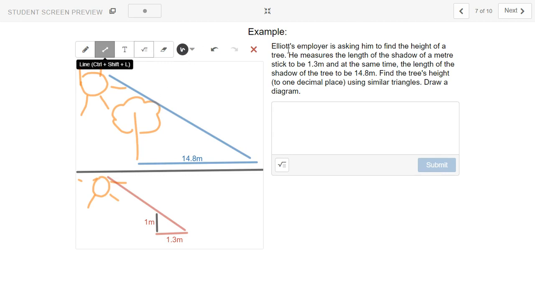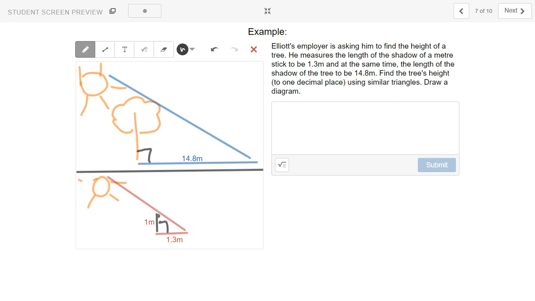So first of all, we have a right angle that's created by the tree and the ground. The stick in the ground also creates a right angle. The sun is shining down at the same angle. Now, we can make that assumption because the sun is really, really far away.